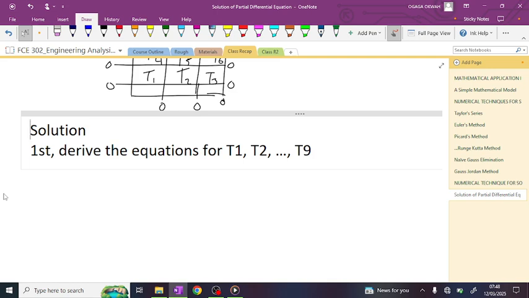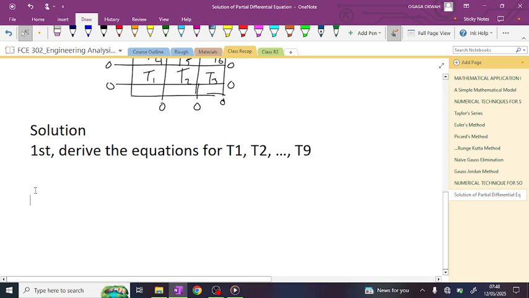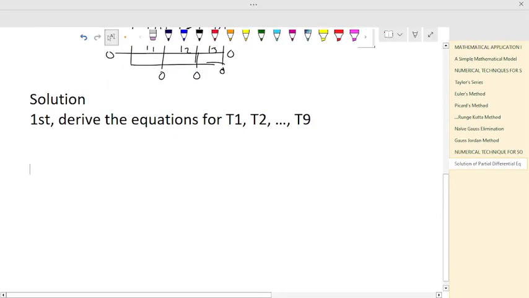When we need the second iteration for T1, we are going to make use of this same equation. So for all iterations of T1, we are going to make use of the equation for T1. Same for T2.